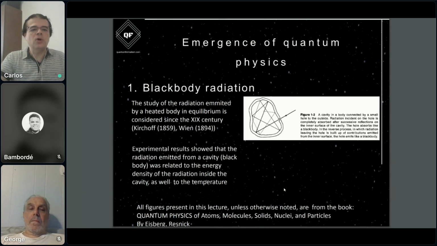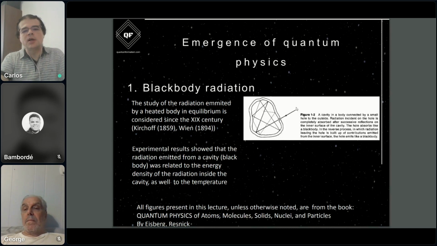So we start with what is called black body radiation. The study of radiation emitted by a heated body in equilibrium has been considered since the 19th century, by Kirchhoff, Wien and others.